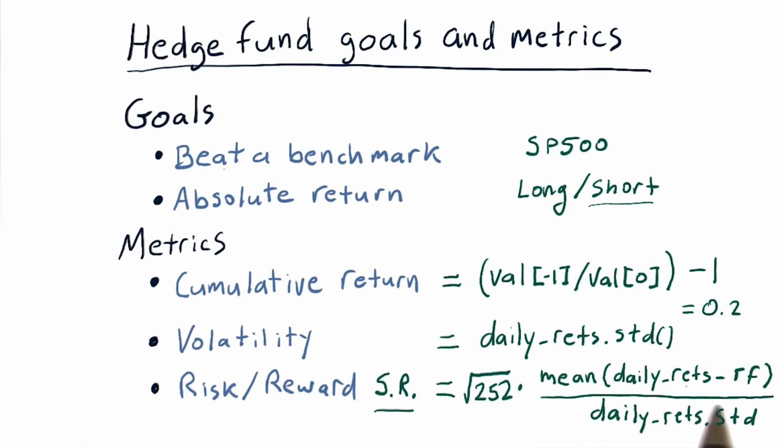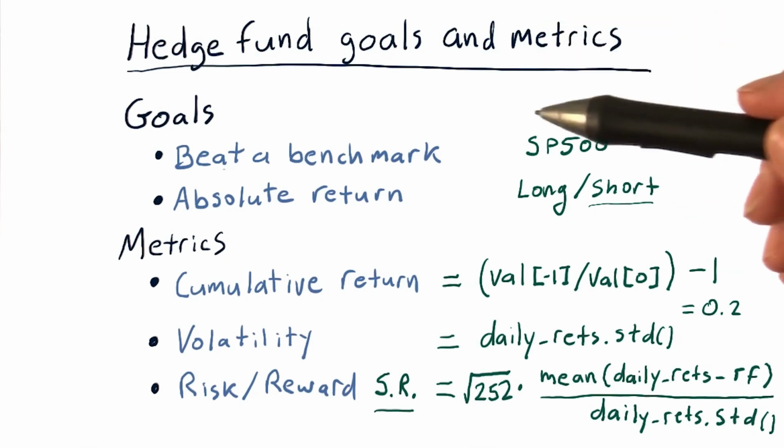Our reward is our average daily return minus the risk-free rate, and our risk is simply a measure of that standard deviation of daily returns, or volatility. We multiply that ratio by the square root of 252. That is how many trading days there are in a year. And remember, we're always working with daily returns, so that's why we use this 252 number.